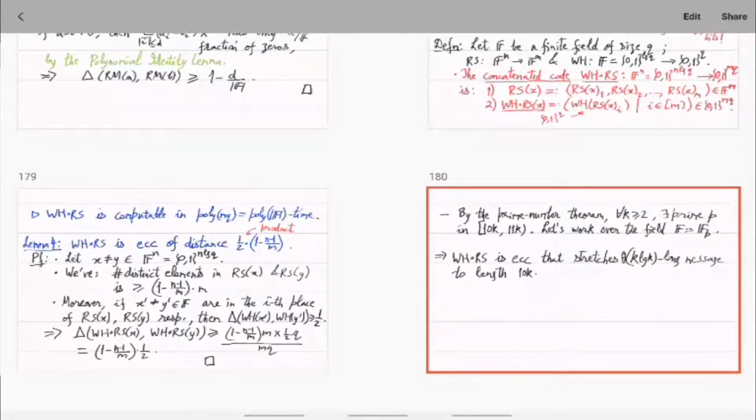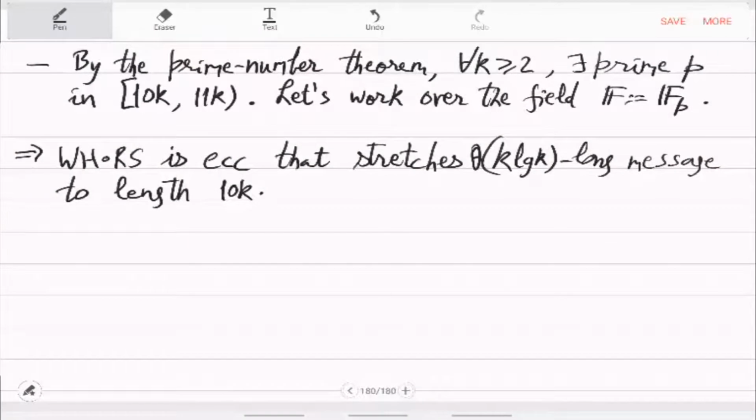Let's not be too precise. So say this is length around 10k times 11k, that's the upper bound. Order k square basically. So by the previous analysis on the concatenated code, k log k is being stretched to around k square. And the finite field that we have picked is this prime field, p is a prime number between 10k to 11k.